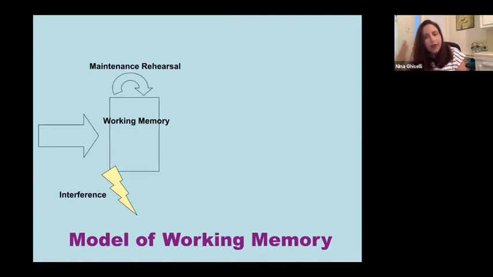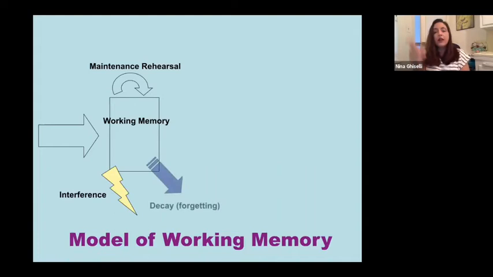If I had a good groove, and if I had some memory techniques, then the interference isn't going to hurt as much. But in this case, we can assume that it will interfere, and I would have to go back and call that phone number again. Also, if the information is not used, you lose it, okay?